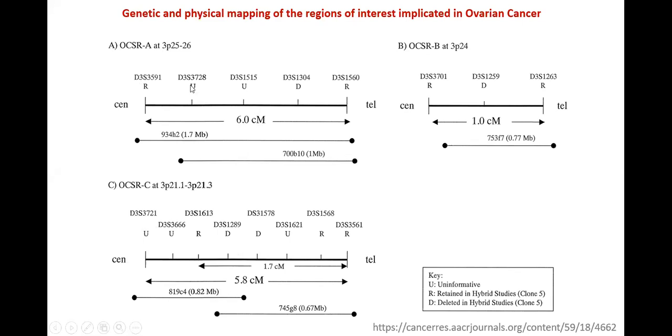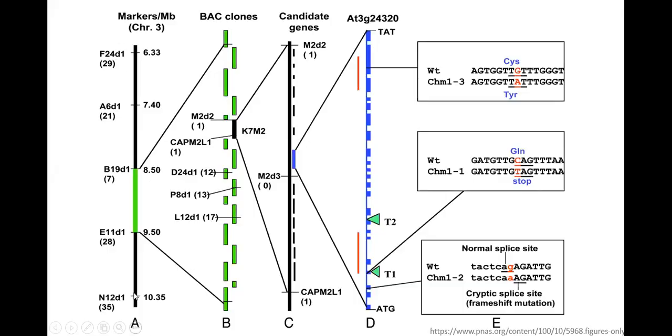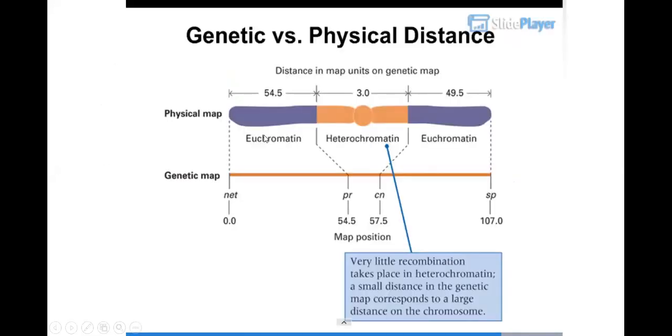So U is uninformative, not useful at all. You deduce from that, take another combination, the genetic map location, back to clones, candidate genes, then the physical map, zoom in to see what nucleotides code for it.